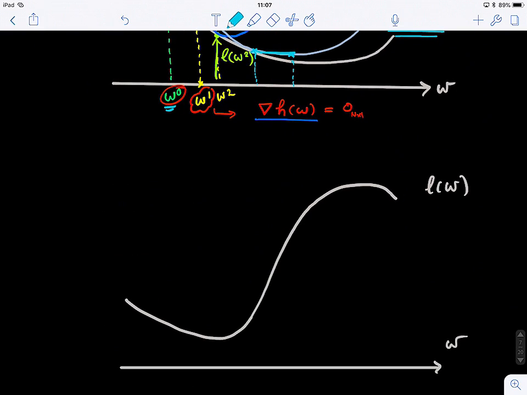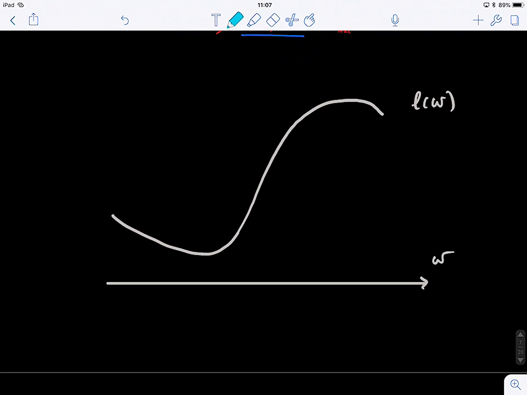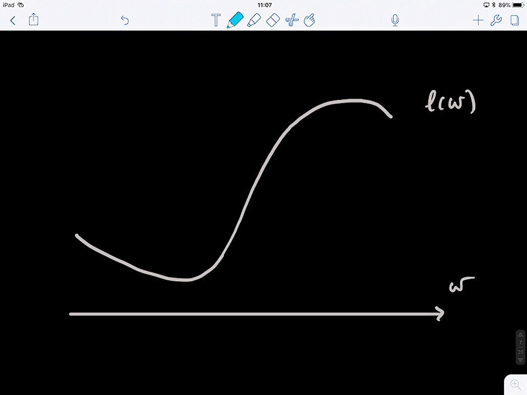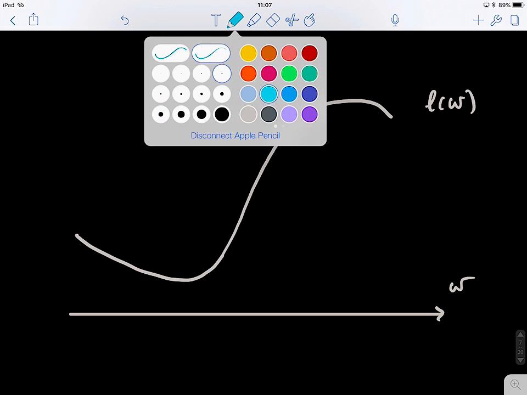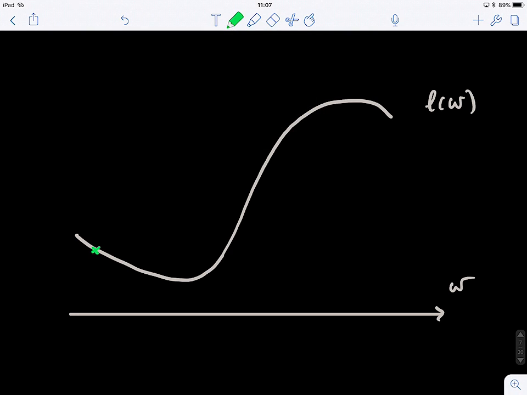Okay, so let's look at this case. Before I give you the answer, let's say we're using Newton's method to find the minimum for this loss function, right? If we start off at this point, we'll have two initial guesses: W0 and another W0 right here.